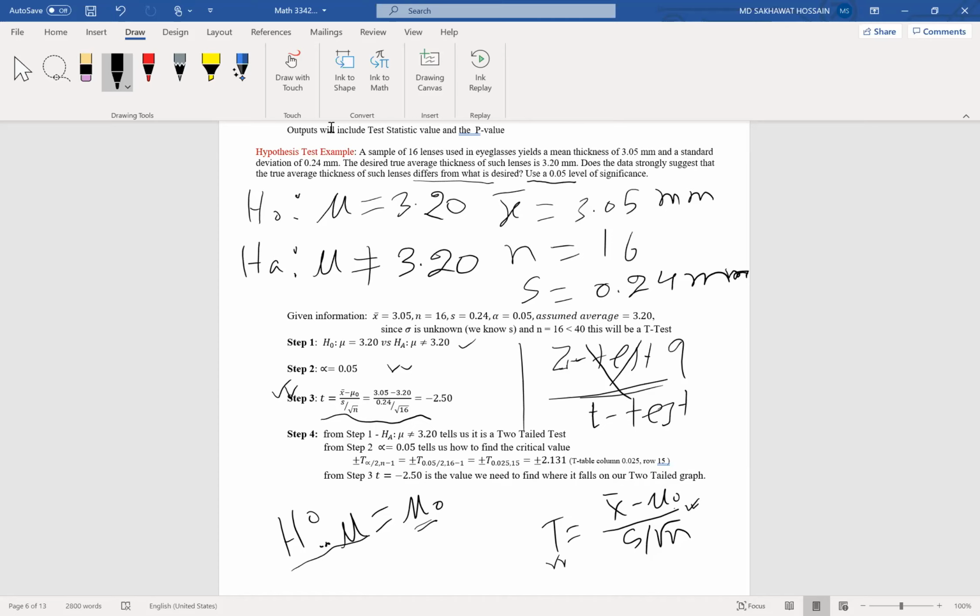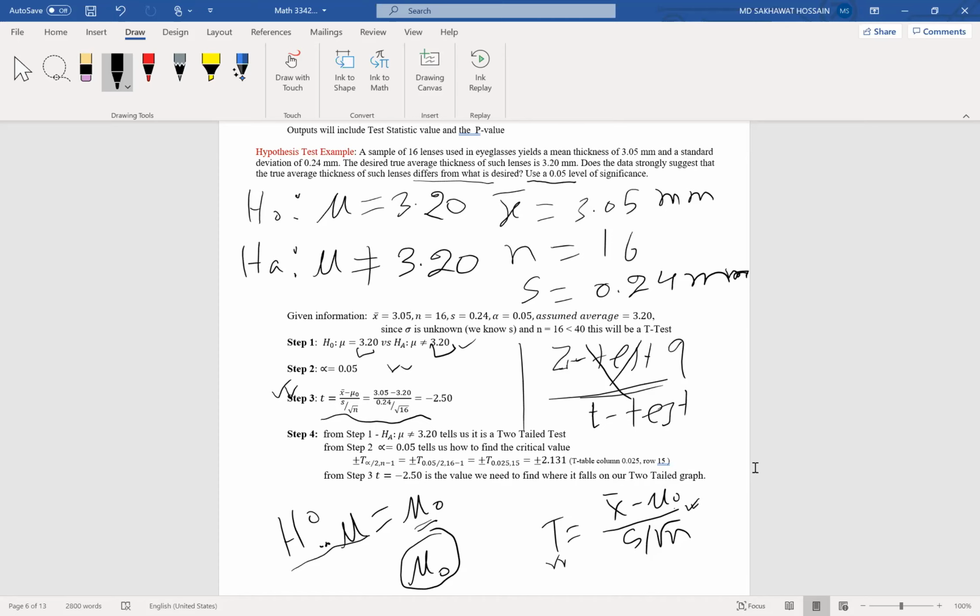Is it clear? Is null like zero or what? It's not zero, it's a notation. This is mu zero, just a single symbol. The zero is not separate from mu; it's not mu times zero.